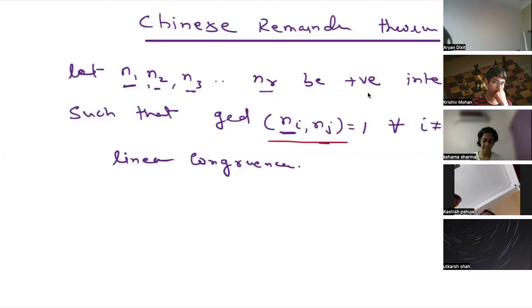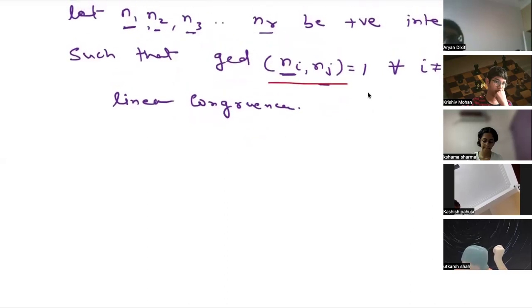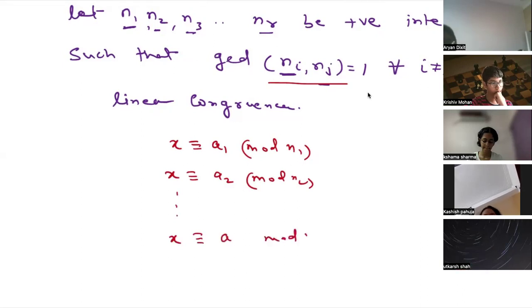Then x is congruent to a1 mod n1 means when I divide the number x by n1, I get the remainder a1. x congruent to a2 mod n2 means when I divide x by n2, I get the remainder a2, and so on up to x congruent to ar mod nr.